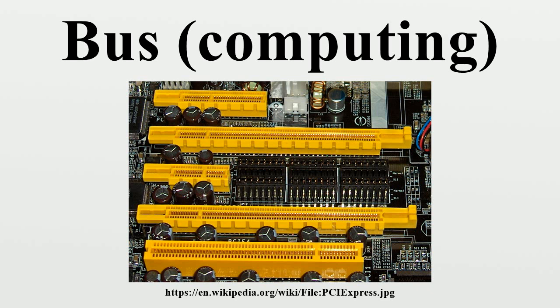NuBus or IEEE 1196. Opti-local bus used on early Intel 80486 motherboards. Conventional PCI, Parallel ATA disk, tape peripheral attachment bus. S100 bus or IEEE 696, used in the Altair and similar microcomputers. SBus or IEEE 1496. SS50 bus.